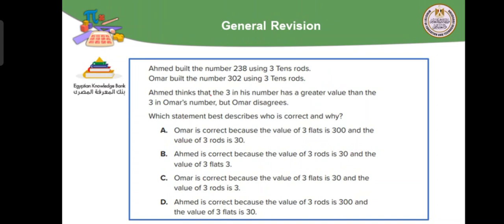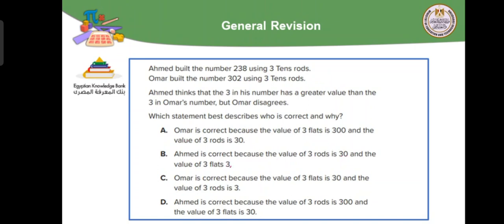Then, which statement best describes who is correct and why? Omar is correct because the value of 3 flats is 300 and the value of 3 rods is 30. Remember together, a rod refers to 10, but a flat or square refers to what? It refers to the 100 place value. Then, Ahmed is correct because the value of 3 rods is 30 and the value of 3 flats is 3.